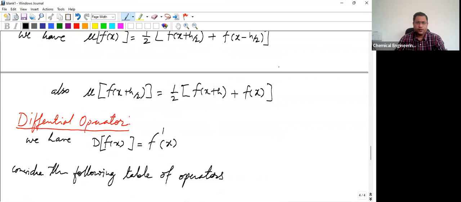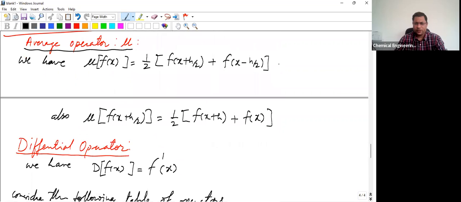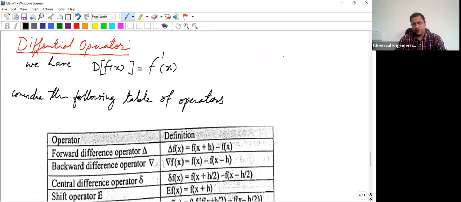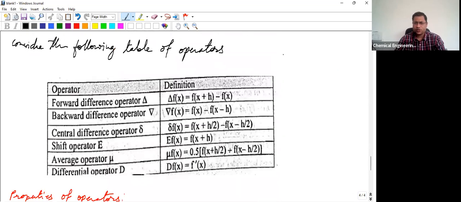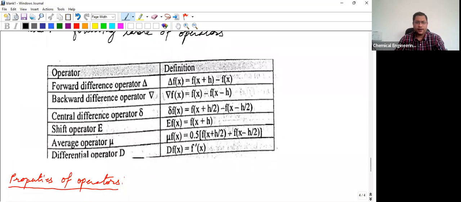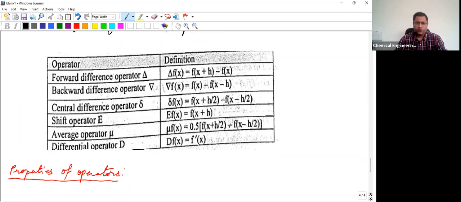Okay, so here we have defined the average operator and now the differential operator. And here in this table, I have taken all the operators together. So we have forward difference, backward difference, central difference, shift operator, average operator, and then differential operator with their notations.